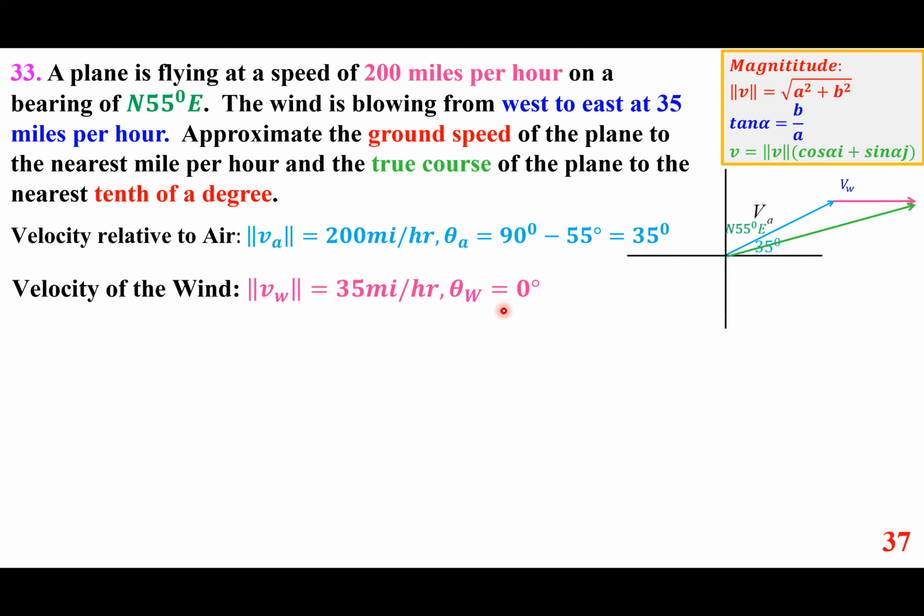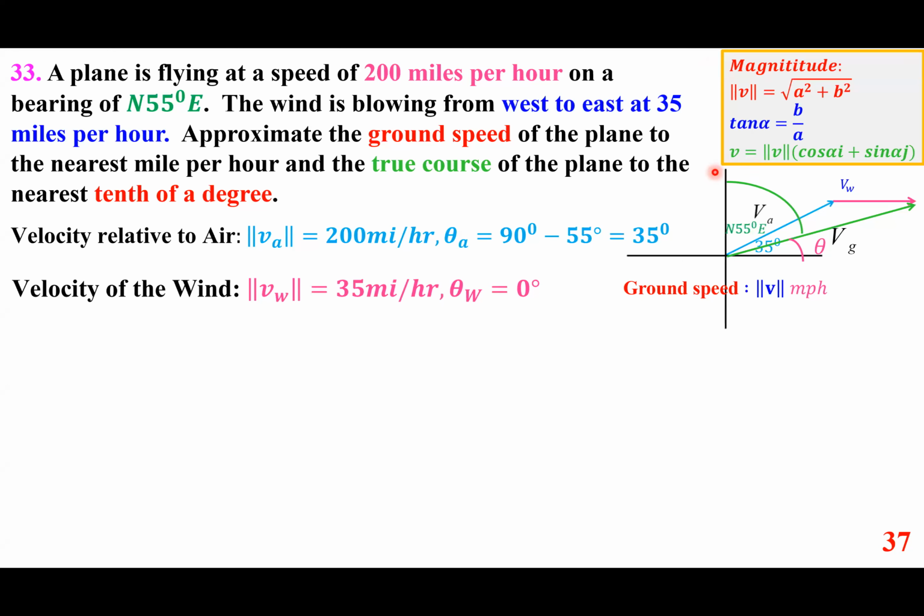And here's the true course. With this angle, the ground speed is the magnitude we have to calculate, and the true course or direction is north, east, this angle.